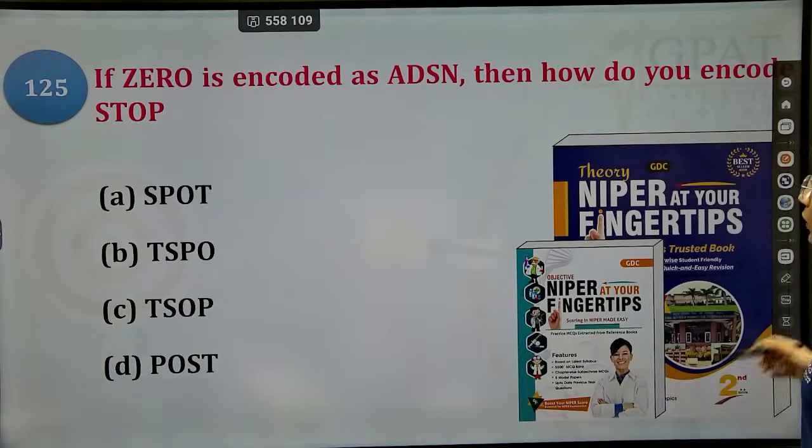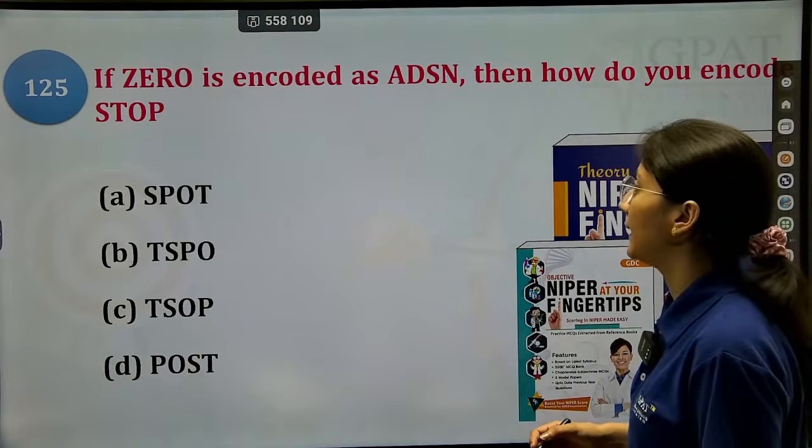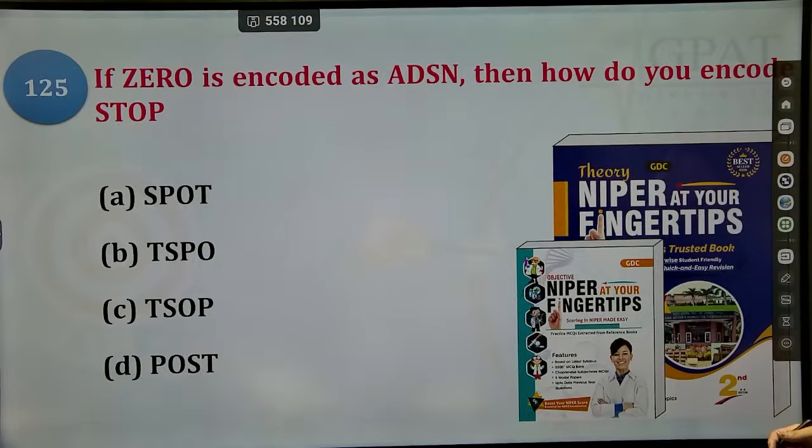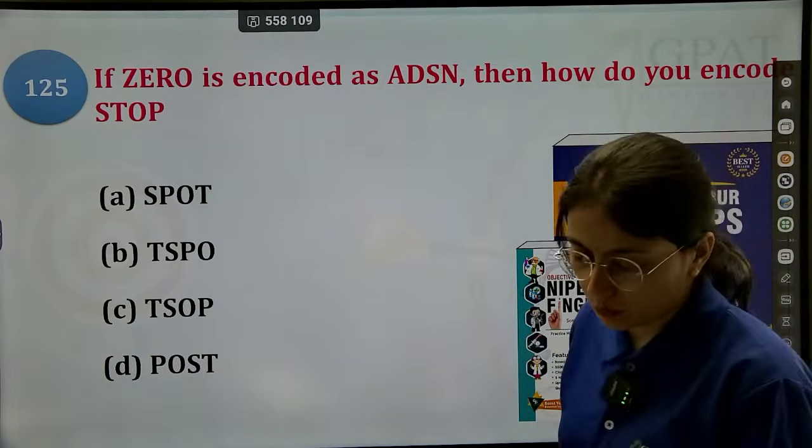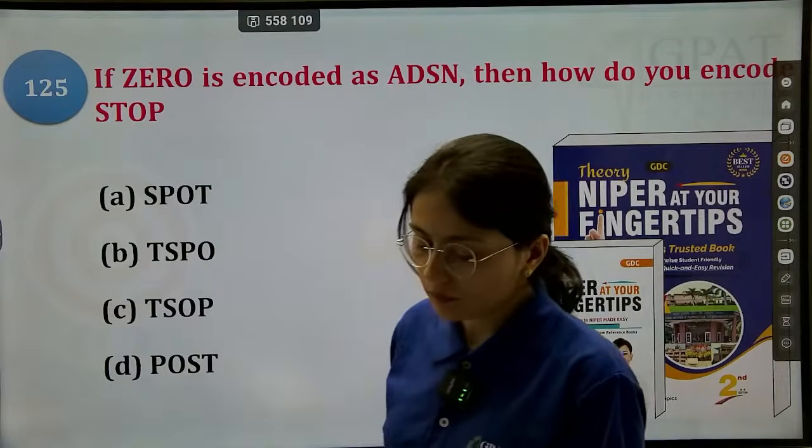Now if ZOEP is encoded as ADSN, then how to encode STOP? We have to find how to encode it.